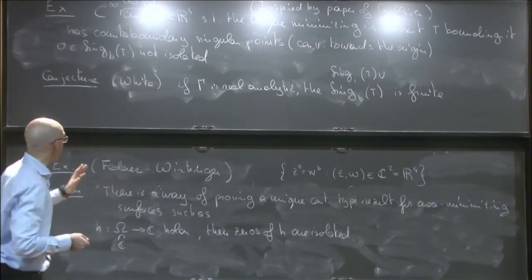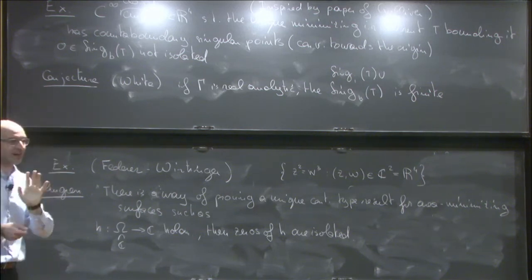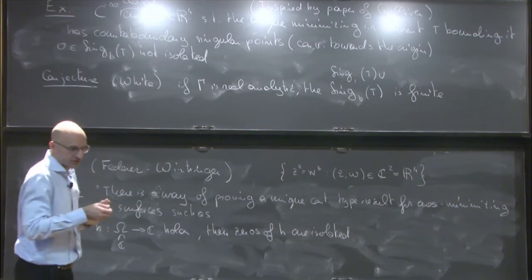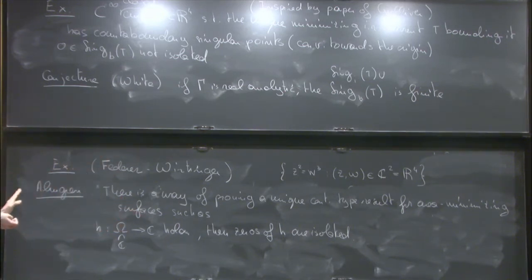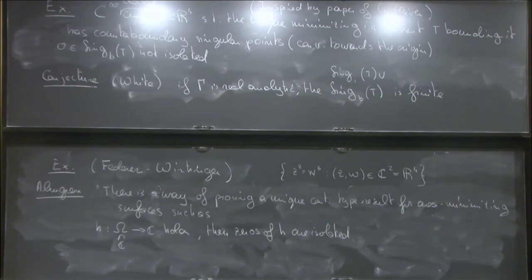And that could be a rough explanation of why you could expect this conjecture of White to be correct. And it's a rough explanation of why you find this example. But it's a very rough explanation because the example is rather subtle. Ultimately you have to cook up the correct holomorphic functions which have zeros converging towards the boundary with C infinity boundary data, and you have to arrange it in a very smart way to get that counterexample. Okay, but it's by no means obvious.